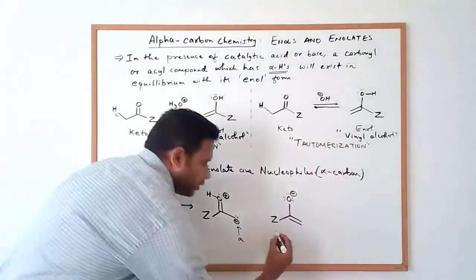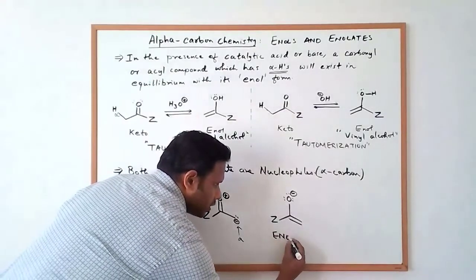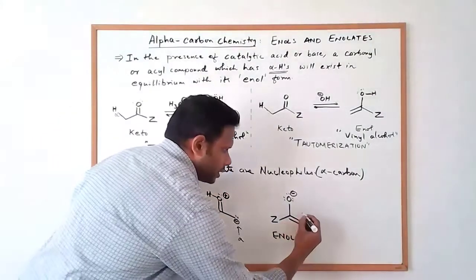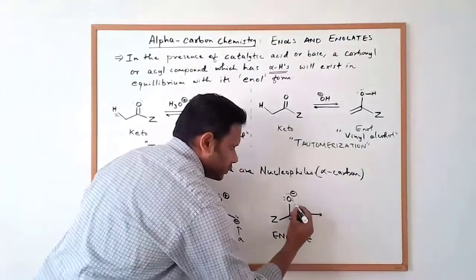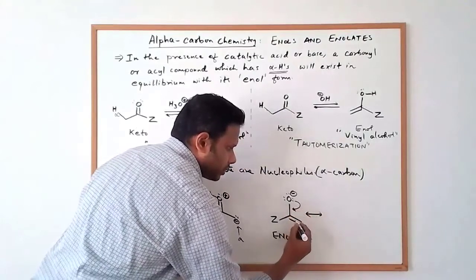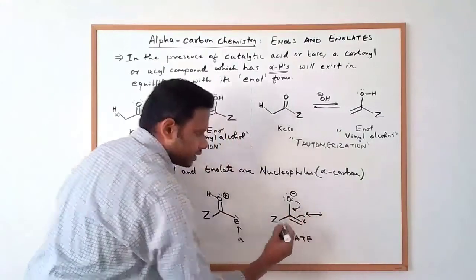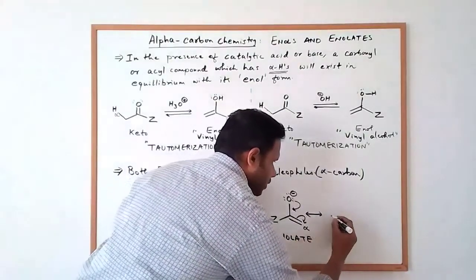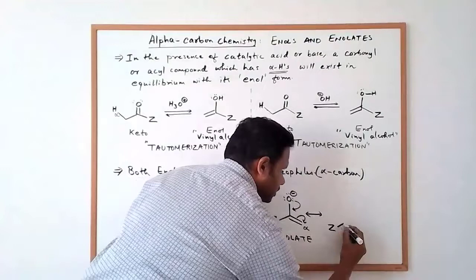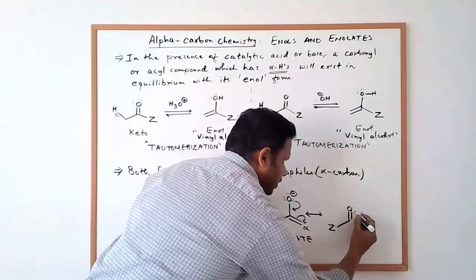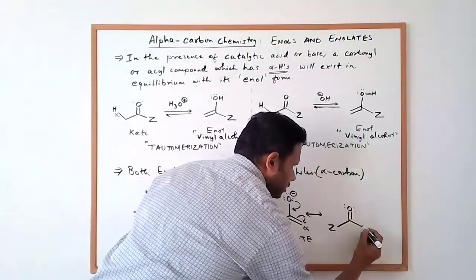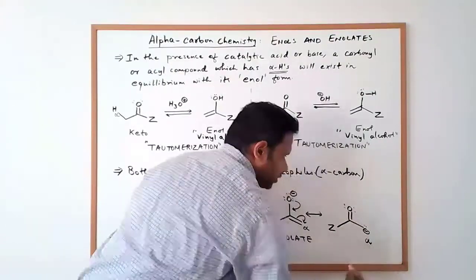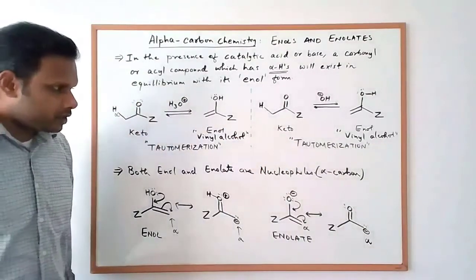So that's the enol. Now, when you go to the enolate, you can do a similar thing where you can use that lone pair and push it down to that alpha carbon. So this carbon here is the alpha carbon, and we can write a resonance form where we have a double bond to O with a negative charge on the alpha carbon.